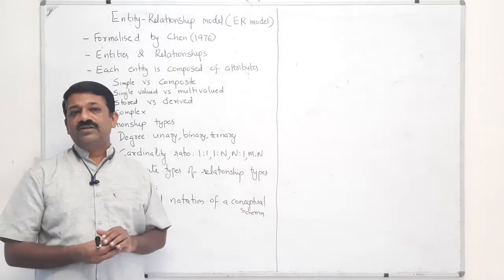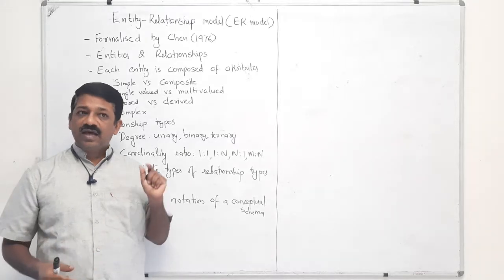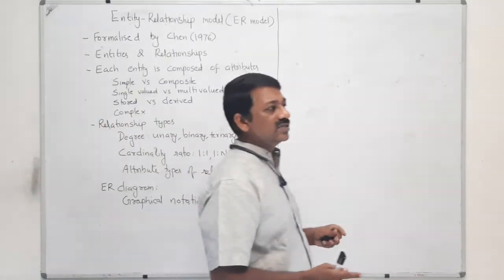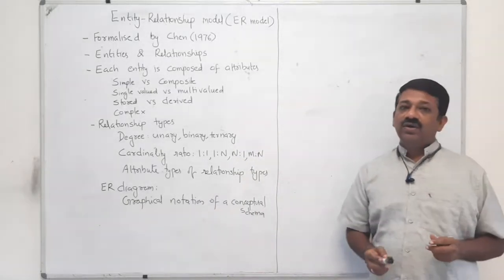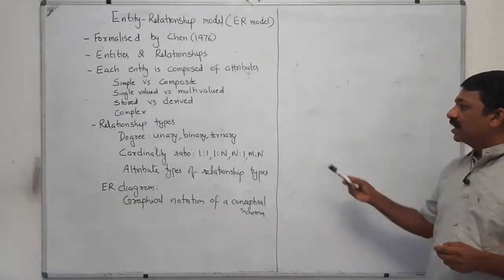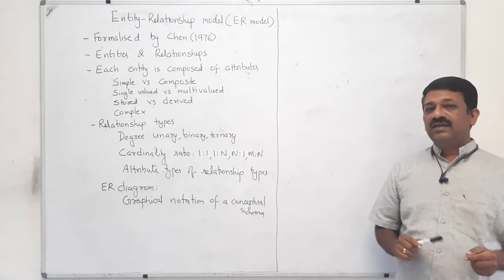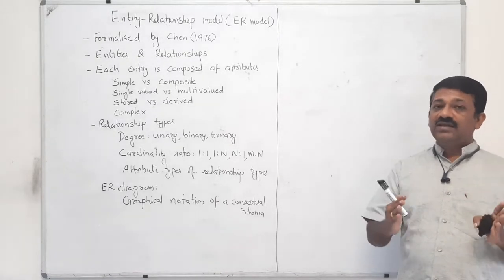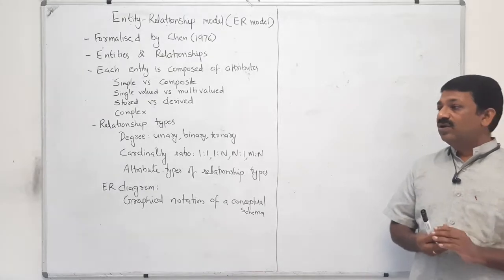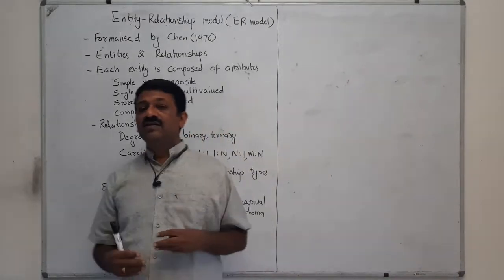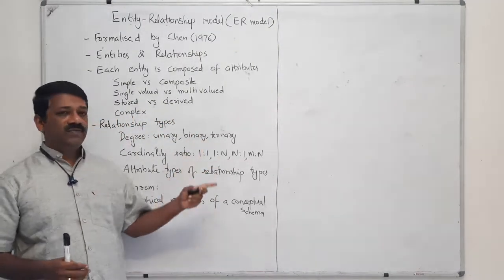Once you have a very good entity relationship model, you can easily convert it to a relational database management system. For each entity, as well as for each relationship, you are going to have tables, and using those tables, it is very easy to handle your DBMS.